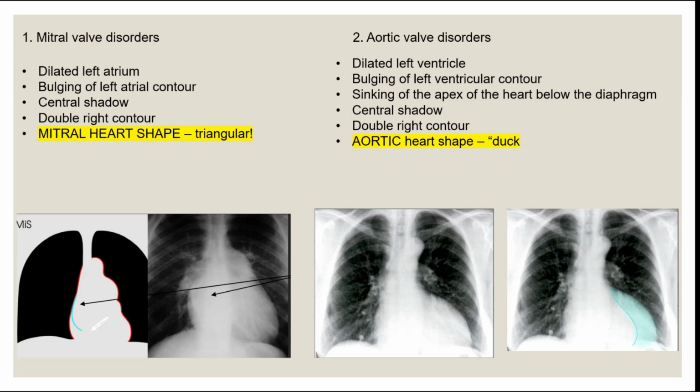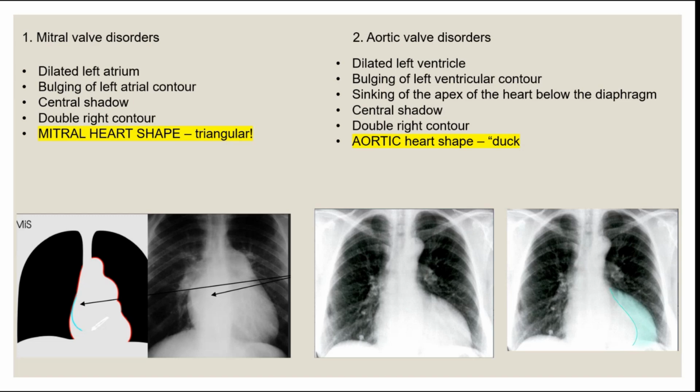If you see where the arrows are, it's going to show us it's more white and a bit rounded. So it's the central shadow, and we can see the double right contour. The heart shape looks like a triangle, and this is due to mitral valve disorders.